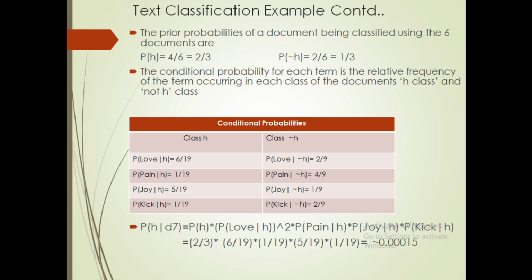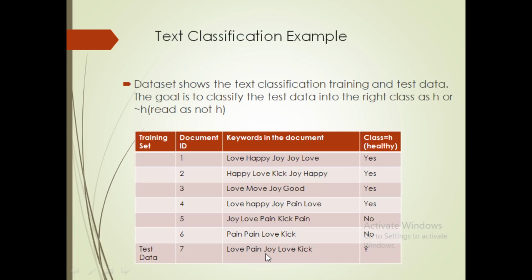Here we have D7. D7 is nothing but the document 7. We want to find whether it belongs to H or whether it belongs to not H. First we will find the probability for H, which is given by P of H given D7, which is nothing but P of H into P of love given H raised to 2, because we have to consider this data set.